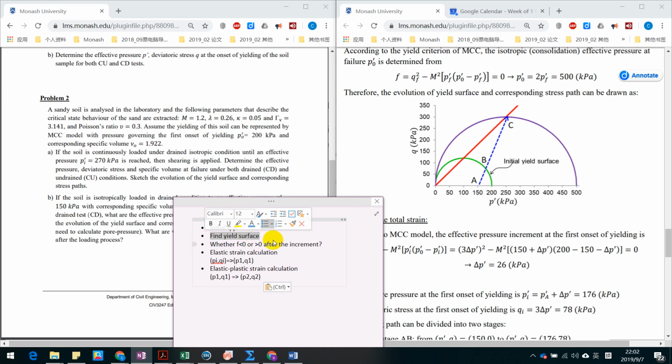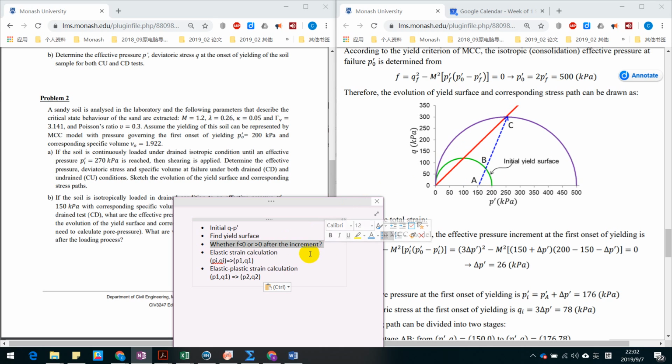And then we find the yield surface, which corresponds to the initial condition. Because we have 200 kilopascal here, it is very explicitly shown as the 200 kilopascal yield surface.